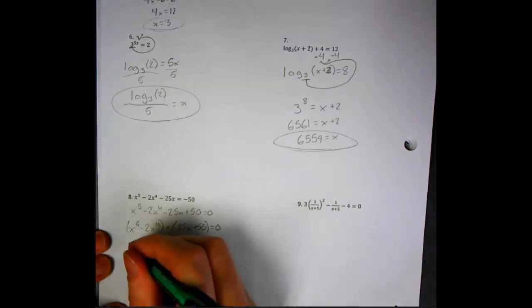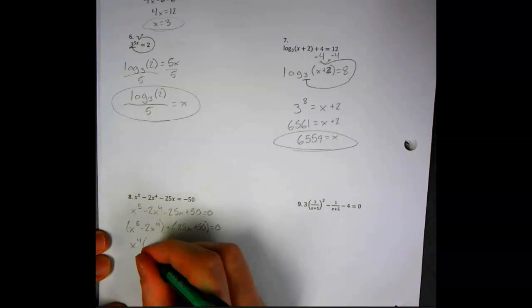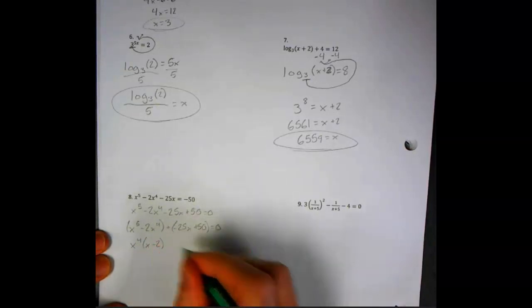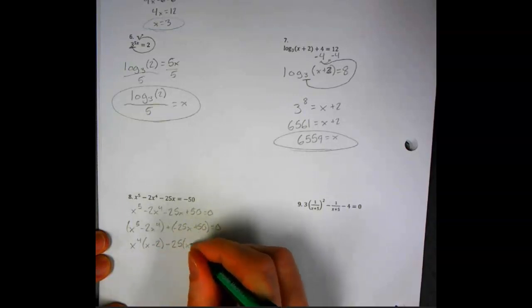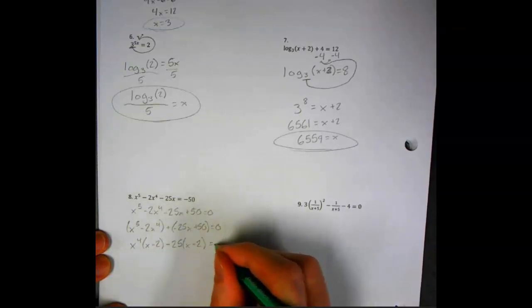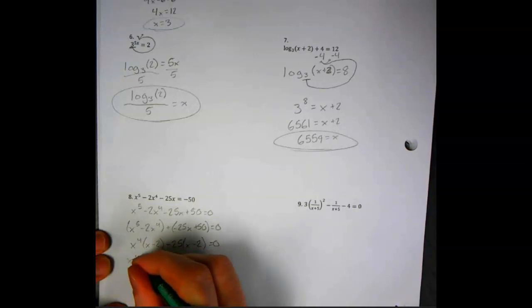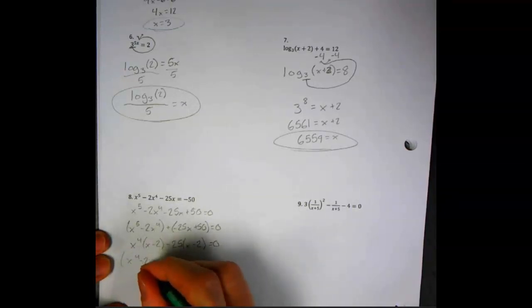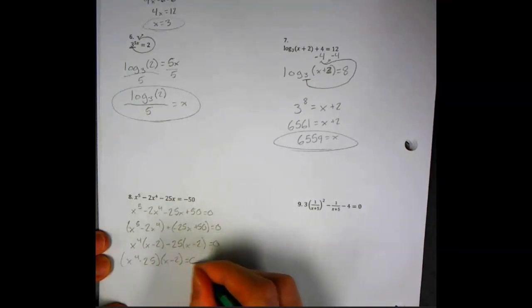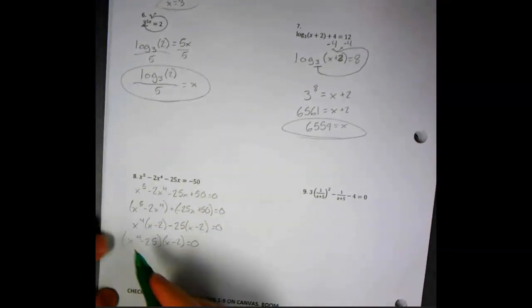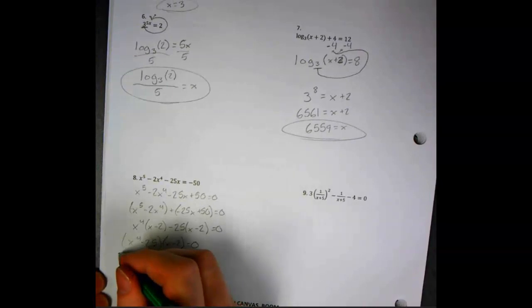Take out x to the 4th from both is 1. Take out a minus 25 from this. You can factor this out a little bit more.